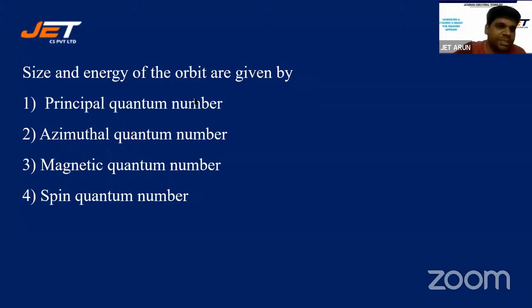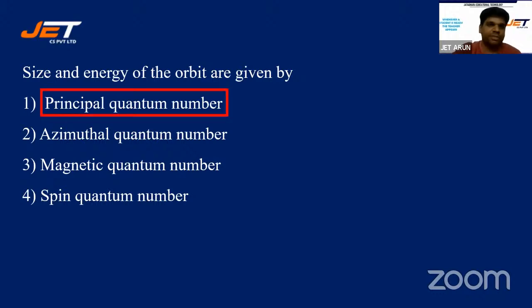Varshit, Maniteja, Raishwari, Bhavna, Pranati, Mallesh, Chaitanya, Gayatri, Rakesh, Agnivesh, Riya, Pavani, Navneet. Good, excellent. Option one is absolutely right. Principal quantum number dictates the size and energy of the orbit.